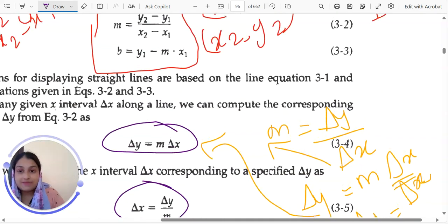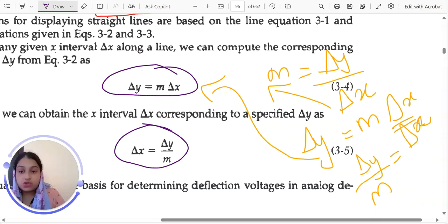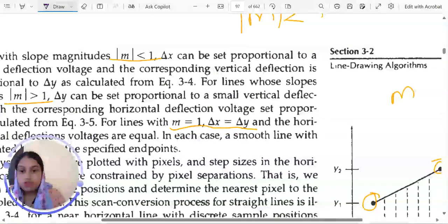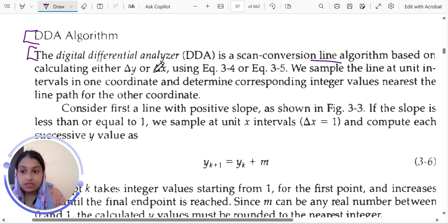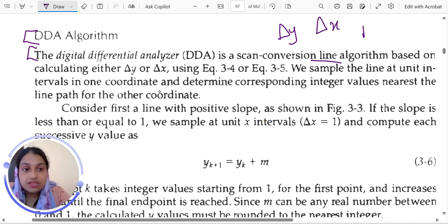That is the equation we got from m equal to delta y by delta x. We can just rearrange it and get it.